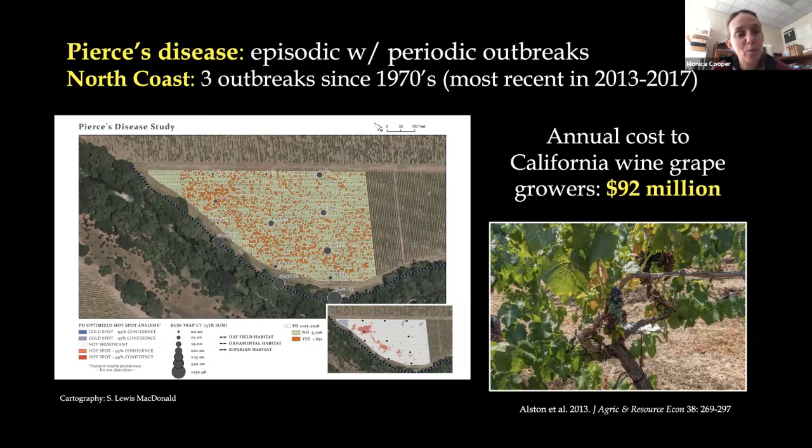So I've heard of one vineyard that during the outbreak period had 40% of their vines out of production due to PD. So it's there pretty much continuously, particularly in the North Coast region, but we get these outbreaks, and it's therefore a fairly costly disease for the grape industry throughout the state.